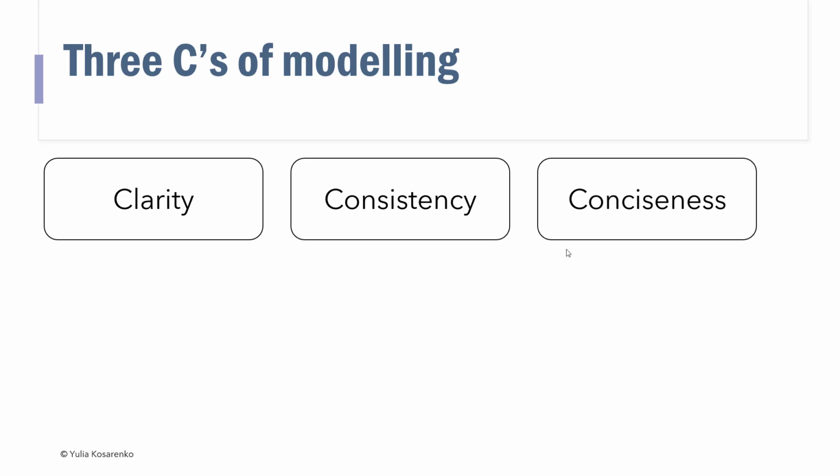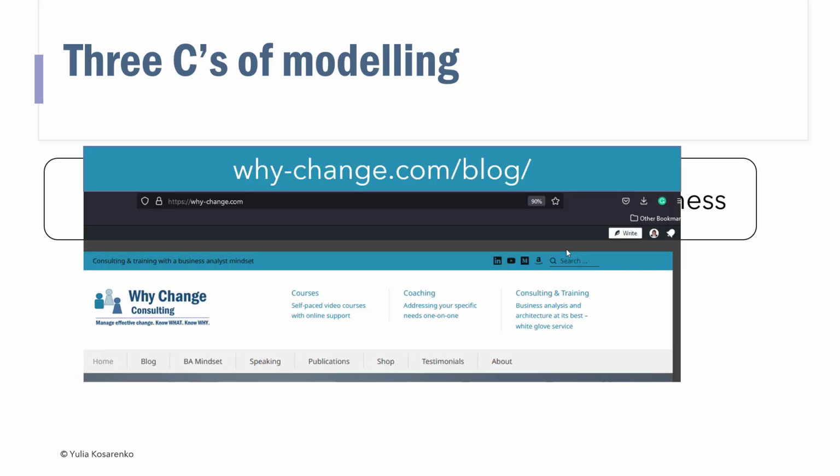This is how you make your diagrams easy to understand and as accurate as possible and not misleading. So what do these 3 concepts mean? Clarity, consistency, and conciseness. If you go to my blog, why-change.com blog, right here you will find a whole section on modeling and presenting, and that explains these 3 concepts in detail with examples.